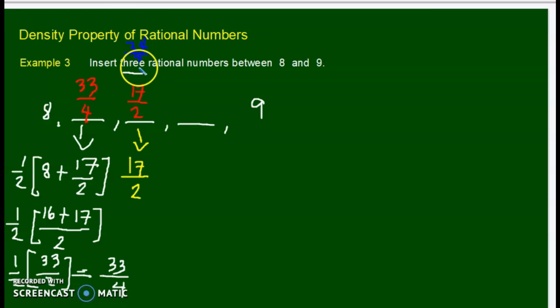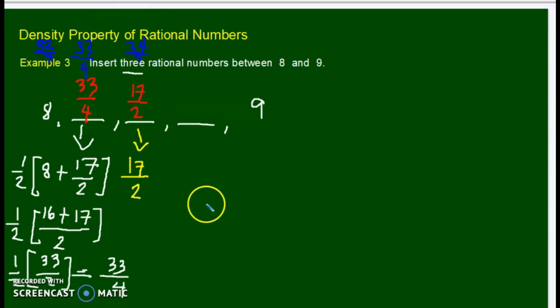Is 34 over 4 when simplified 17 halves? Divide mo yan sa 2. Yes, 17 halves. At yung 33 over 4 ay the number before it. So, if we work backwards, 33 less 1 is 32 over 4. Now, what is 32 over 4 equal to? 8. Yes. So, that means tama yung nade-discover natin na pattern.